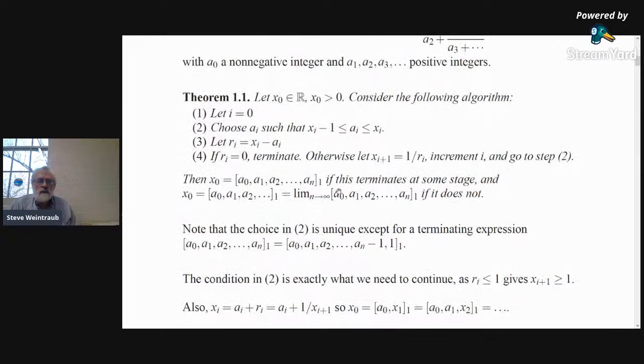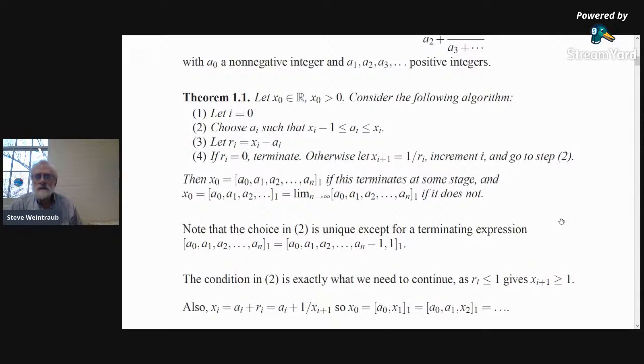And also, we want to notice one more thing here, that x sub i is a sub i plus r sub i. And from this we get that r sub i is 1 over x sub i plus 1. So we see that x naught can also be written as a0 plus 1 over x1, or a0 plus 1 over a1 plus 1 over x2, etc.